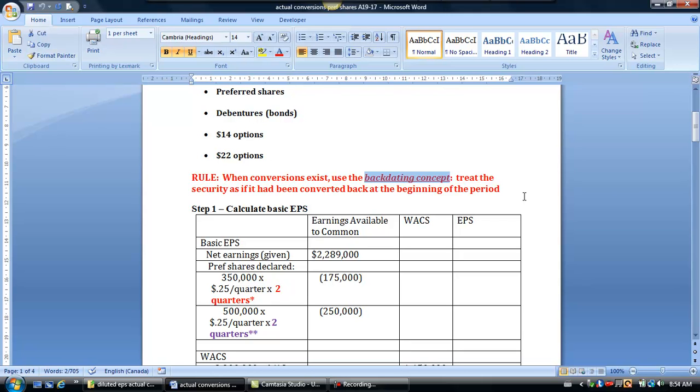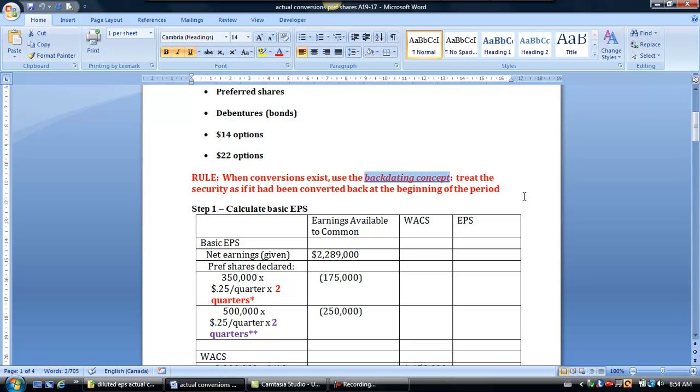So in other words, even though it might have been converted, say, on April the 1st of any given year, say we had preferred shares that were converted into common in April and they existed in January, our diluted EPS would look at an increase in the earnings available to common shares by saying, what if these preferred shares that were converted April the 1st were actually converted at the beginning of the year?